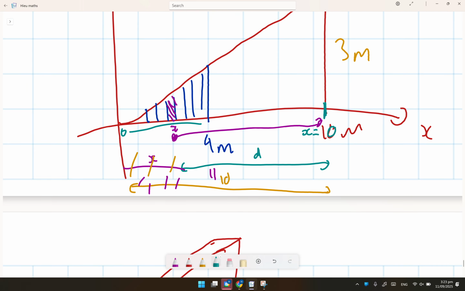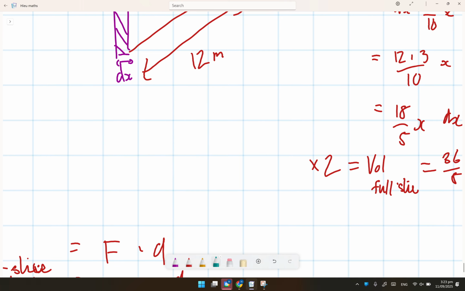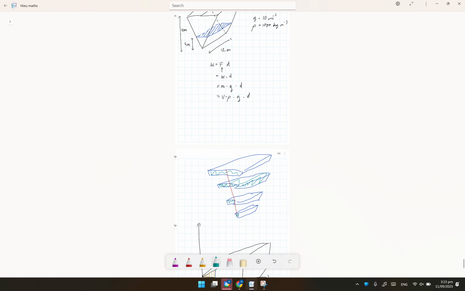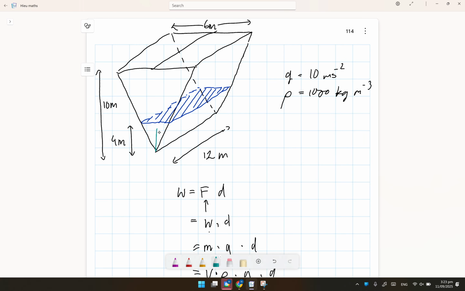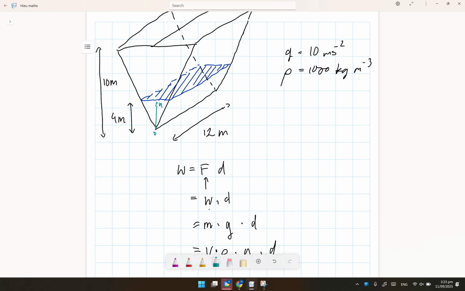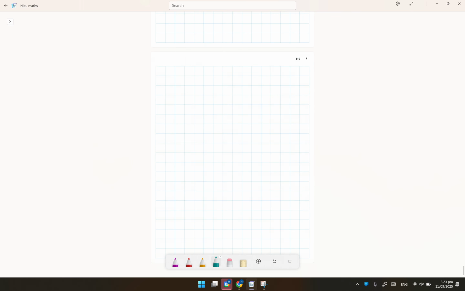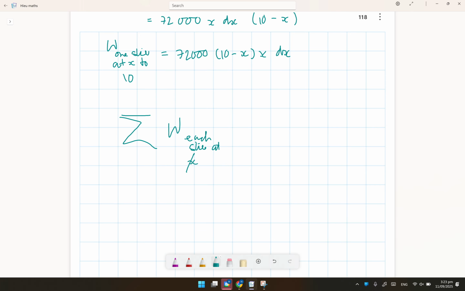It ranges from 0 to 4 here, because that's the height of the water in here, from 0 to 4. So we're just summing the work done for each slice at x, and x exists from 0 to 4.